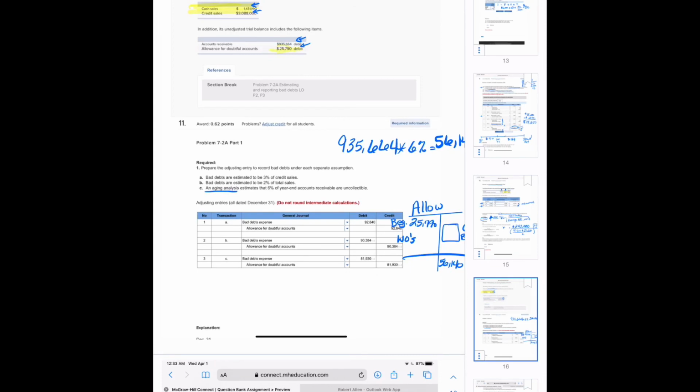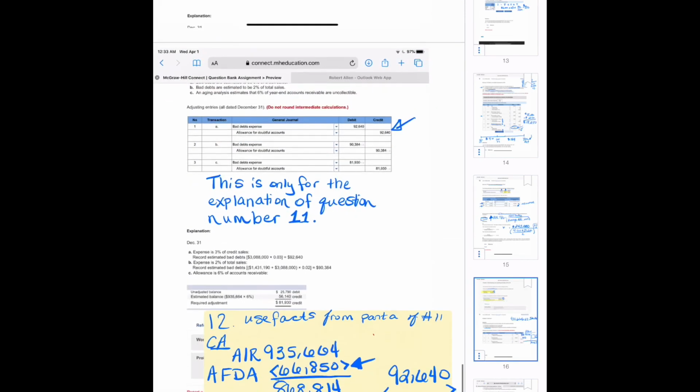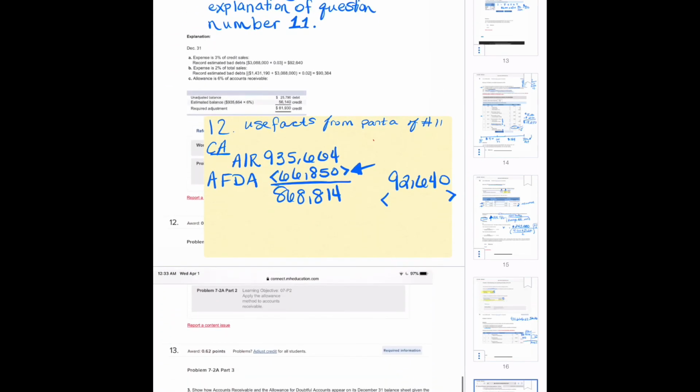You see that right here for my allowance for doubtful accounts. So what I know is that I need to back out that $25,790. And when I do that, what I'll come down to, in fact, is my $66,850 that we plug in right there. So hopefully that makes sense now that we've looked at it.